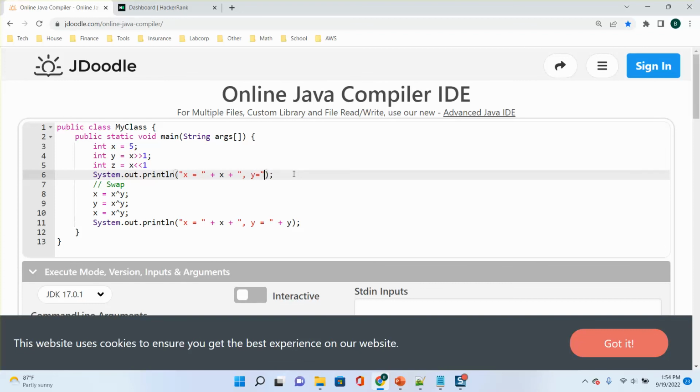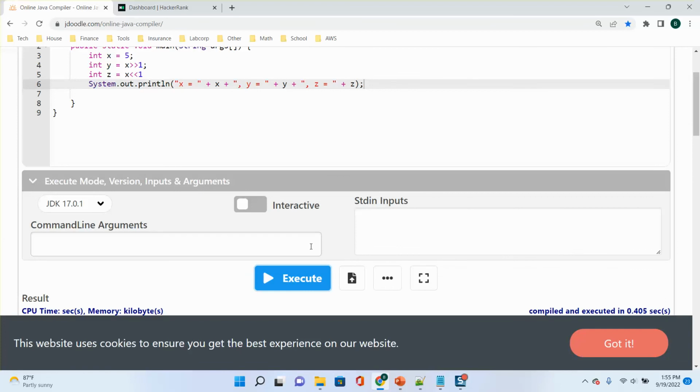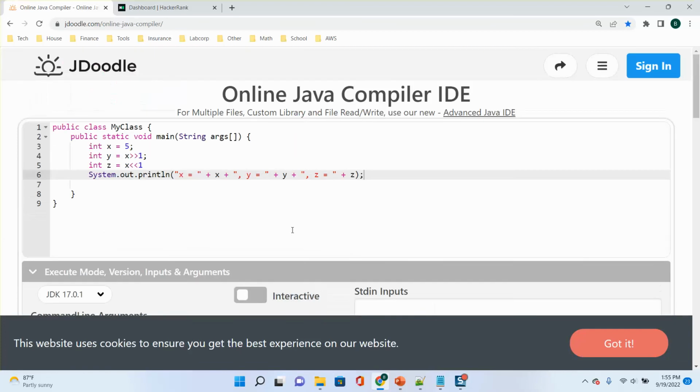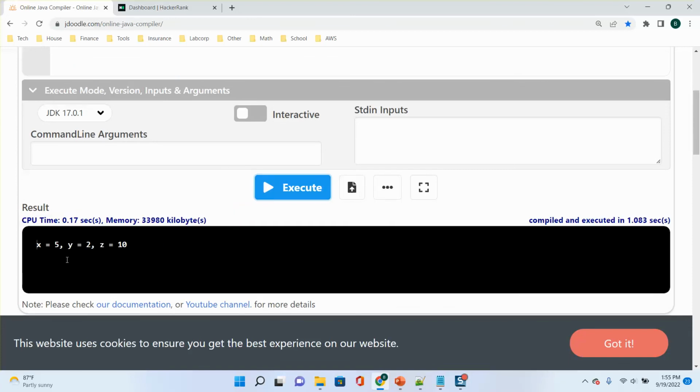Y equals 2. Then plus z. Oh, that's right. Oh, I missed a semicolon. Right. Okay. 5, this is 2, this is 10. Right.